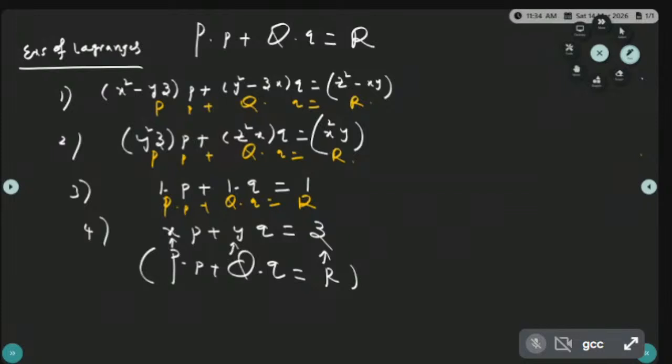First method, method 1, method of grouping, G-R-O-U-P-I-N-G. Next, second one, method of multipliers.